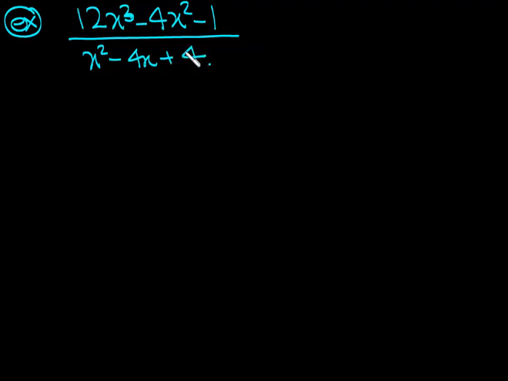Let's make this more interesting. The degree on the top is greater than the degree on the bottom. So the first thing we're going to have to do is long division.